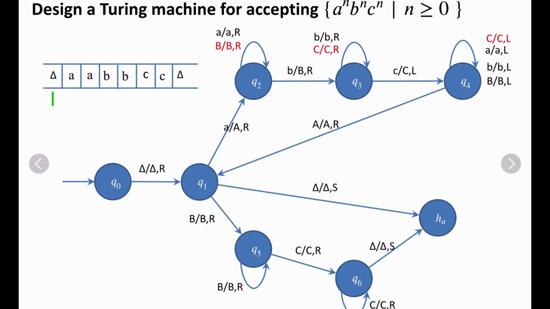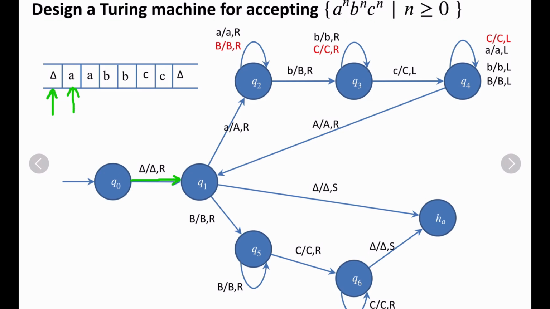So first you have to start with delta. Usually the delta will be at the beginning of the given string. You just change from one state to the other state. Replace that delta by delta, moving one step to the right. Now we are heading at the string, pointing to the first character of that string, that is small a.